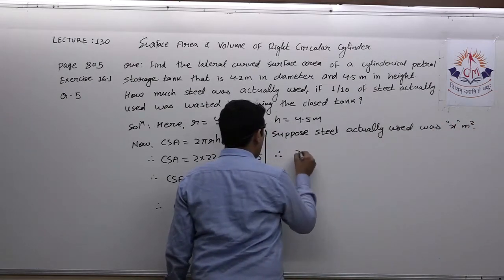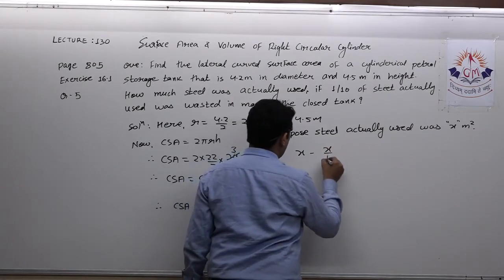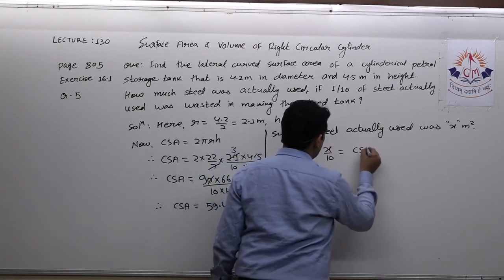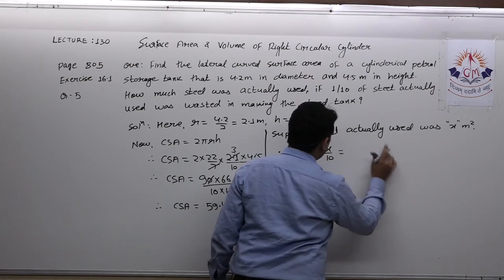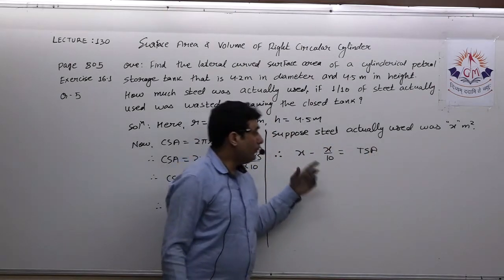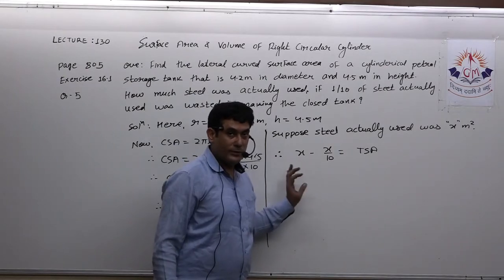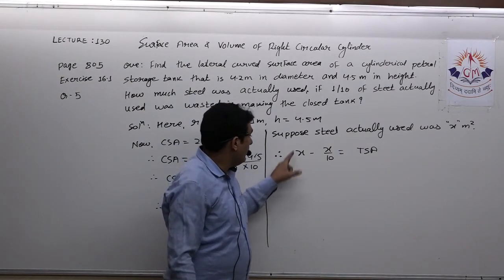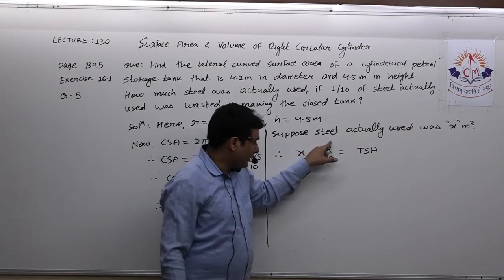Therefore I can say x minus x by 10 is equal to CSA, not CSA, actually it is TSA. To make that storage tank, how much steel is actually used is whatever is used minus wasted.